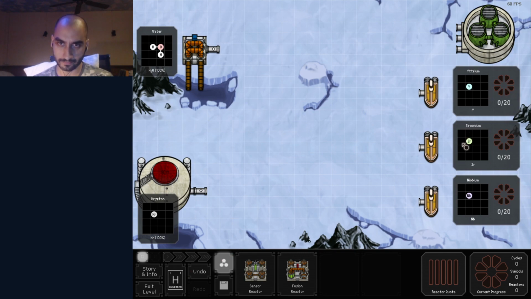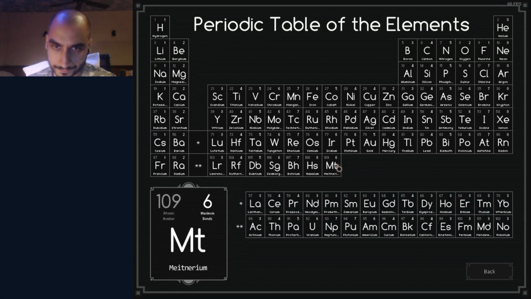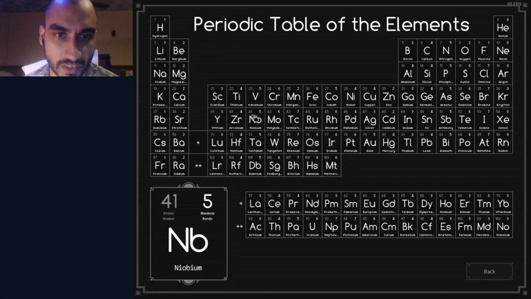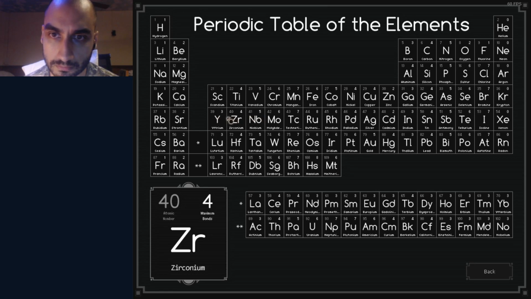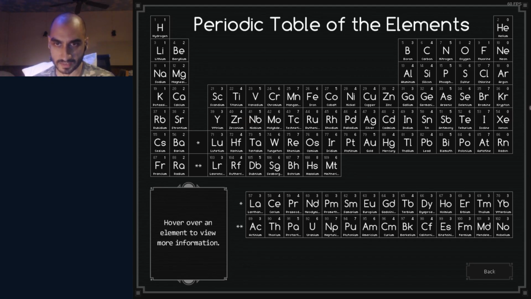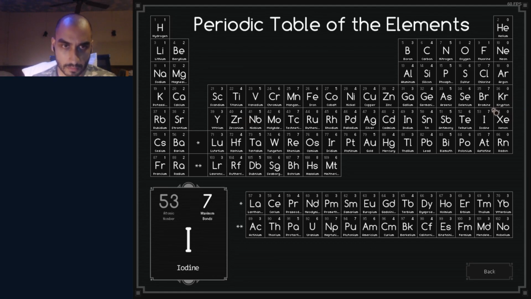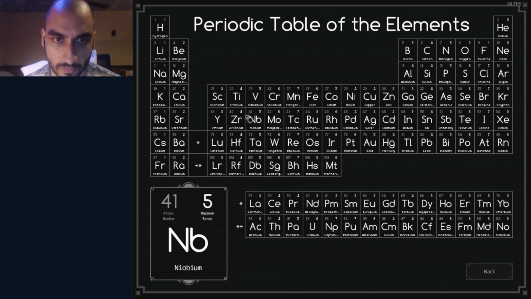We'll make yttrium, zirconium, and niobium using Krypton, O, and H. And these three. Where's Krypton? Krypton is 36. So we'll make 39, 40, and 41.